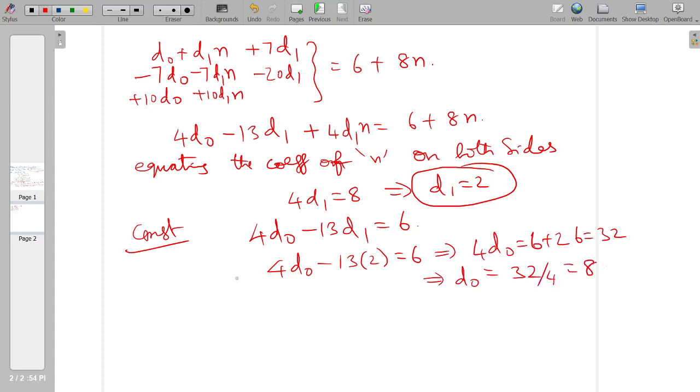So your general solution a_n will be a_n^(h), the homogeneous form, plus a_n^(p), the particular solution.